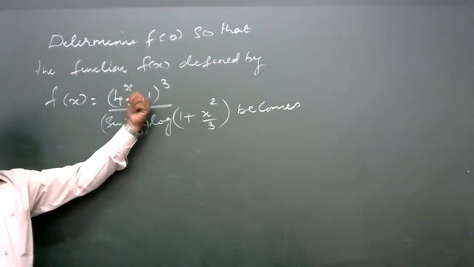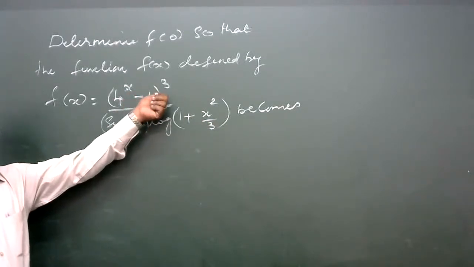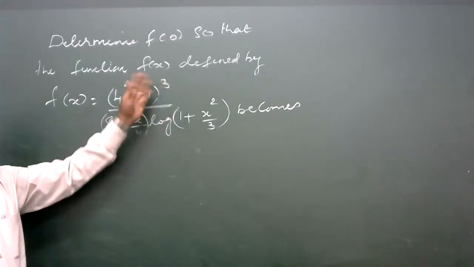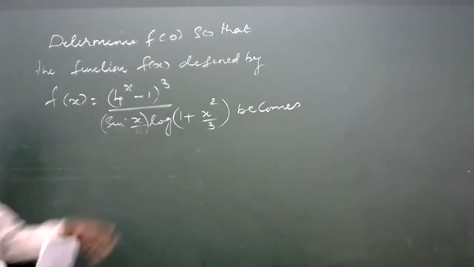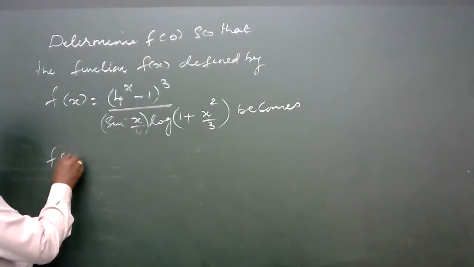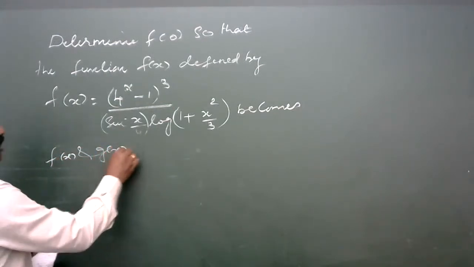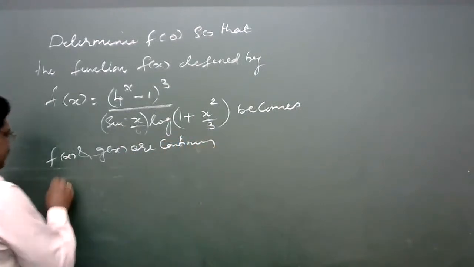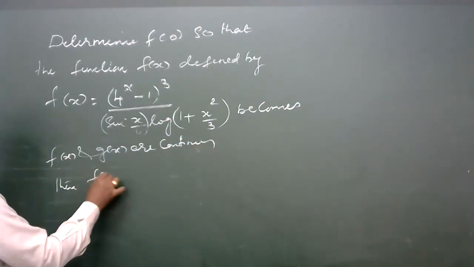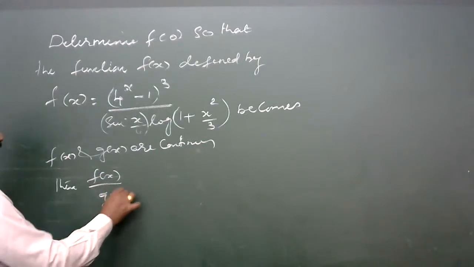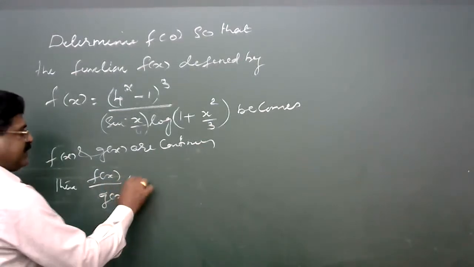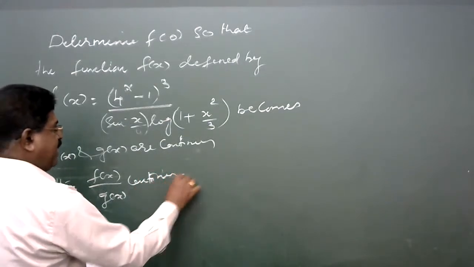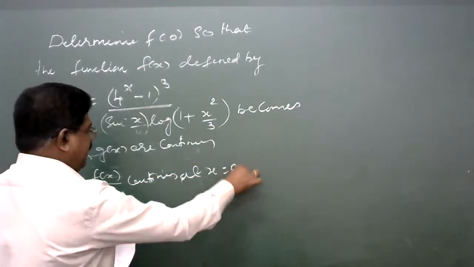The product of continuous functions is continuous. And division of the function f of x upon g of x, if f of x and g of x are continuous, then f of x upon g of x is also continuous at x is equal to a.